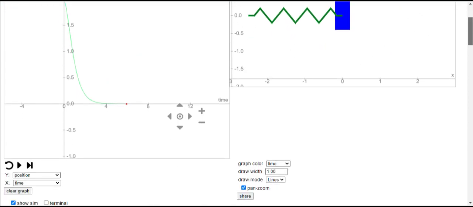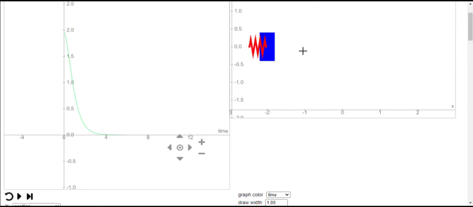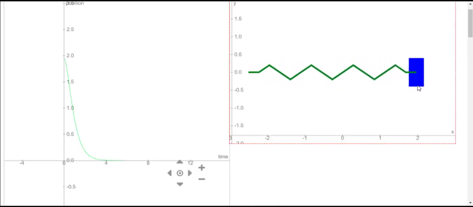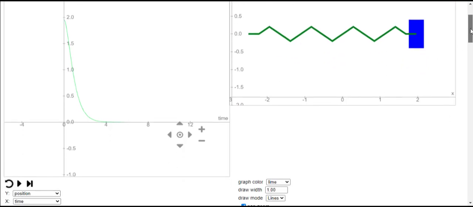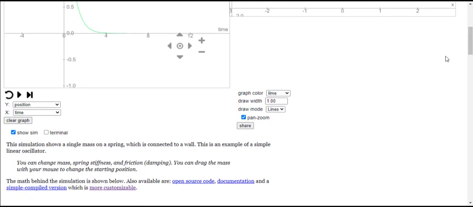Again I'm starting with position 2, and let us change the graph line color so that we can differentiate between the critically damped case and the underdamped case.